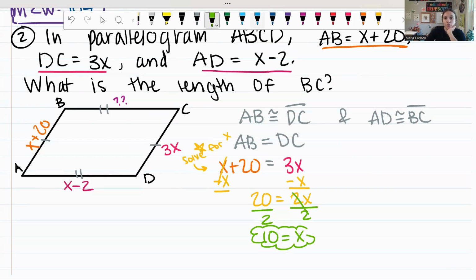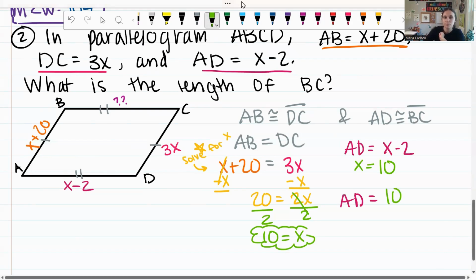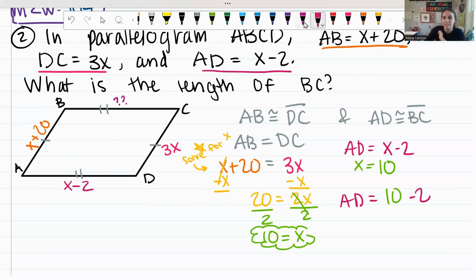Now we know that AD is equal to x minus 2. So I can substitute in 10 for x, right? If x is equal to 10, I can say then that AD is 10 minus 2, and 10 minus 2 gives me 8.